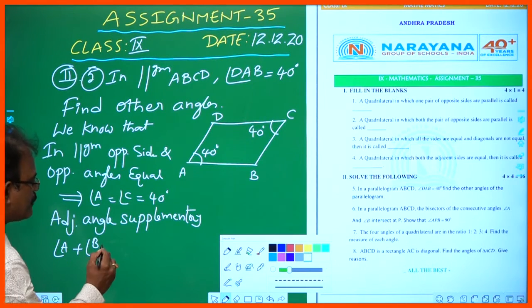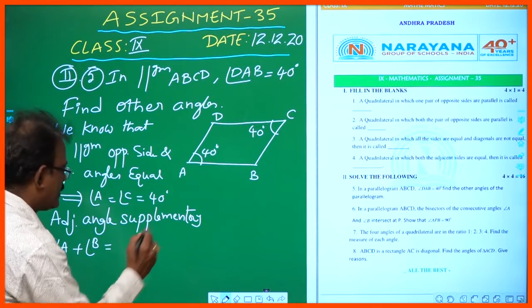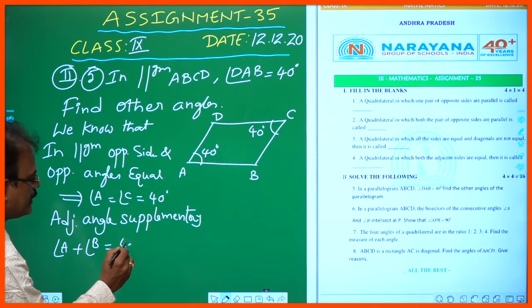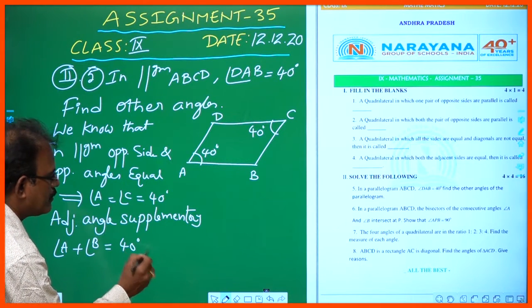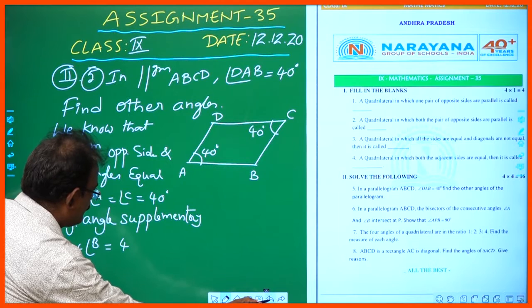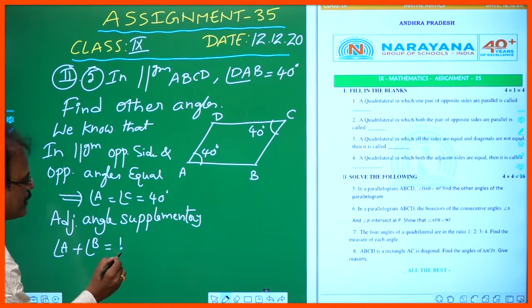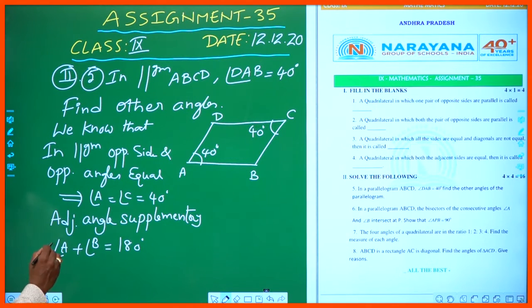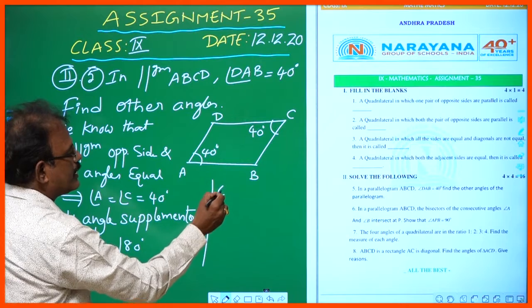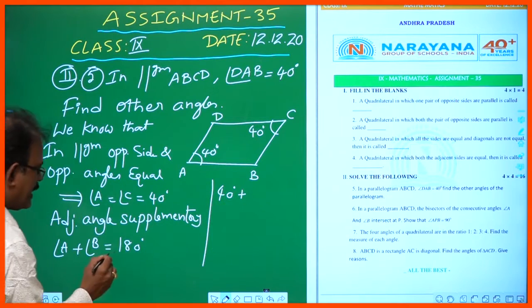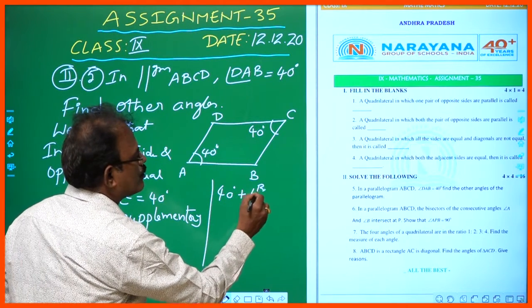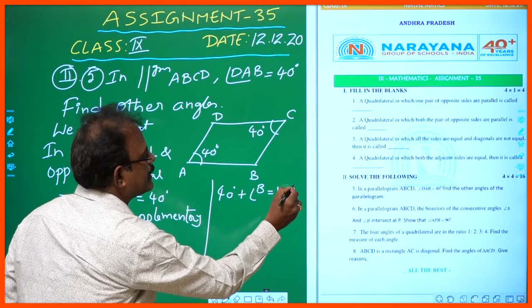Therefore, angle A plus angle B is equal to 180 degrees, supplementary means 180 degrees, children. So angle A is 40 degrees plus angle B is equal to 180 degrees.